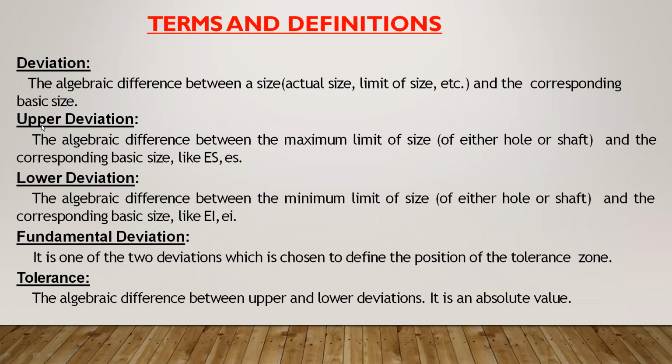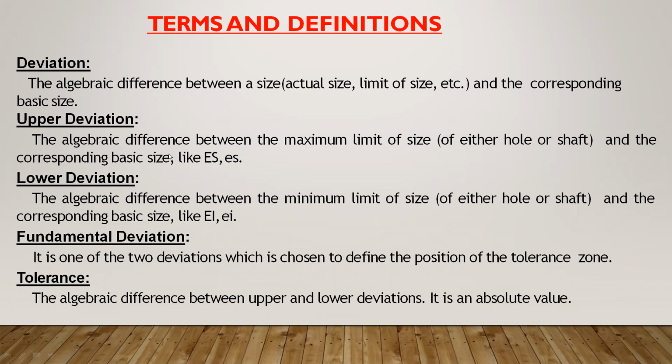And the first one is the upper deviation. The algebraic difference between the maximum limit of size and the corresponding basic size is called the upper deviation.